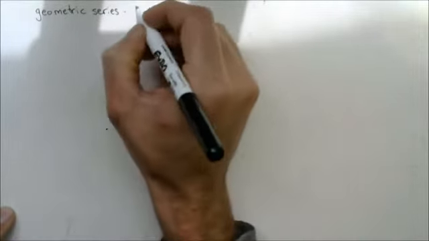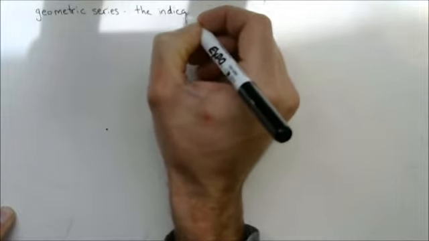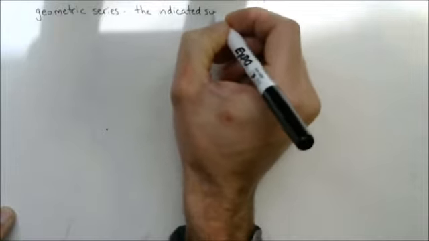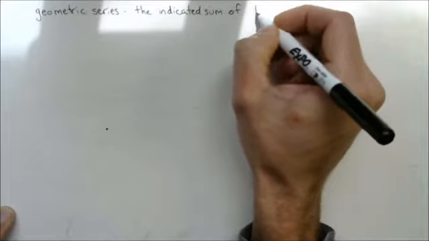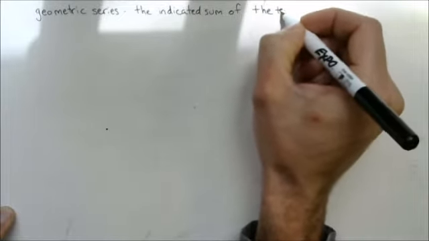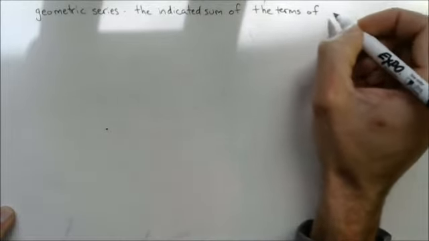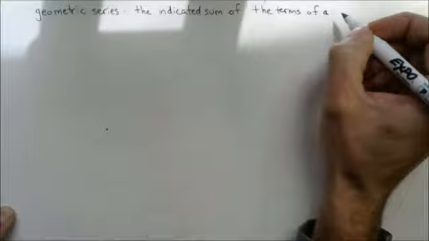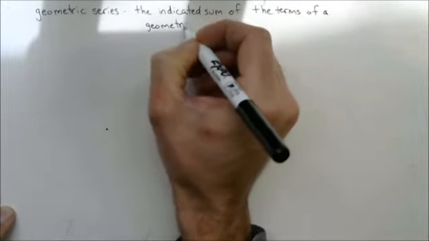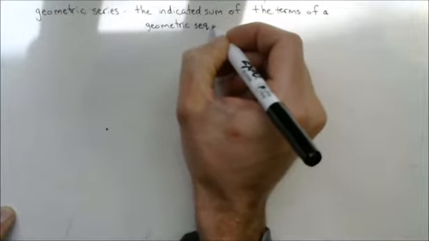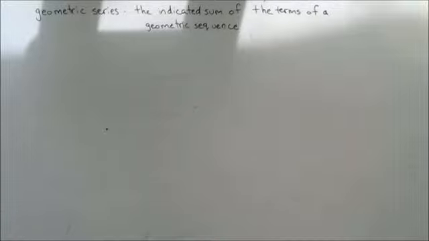The indicated sum of the terms of a geometric sequence. Essentially the same definition we worked with yesterday, but we sub out the word arithmetic with geometric.